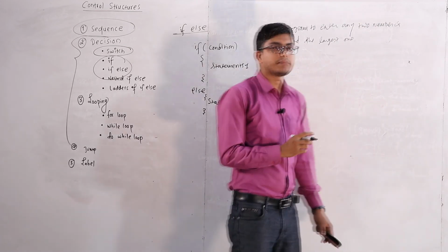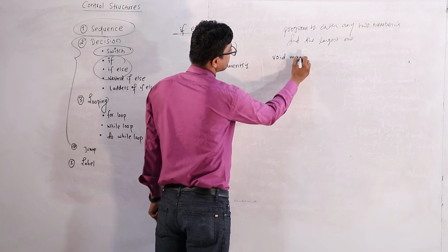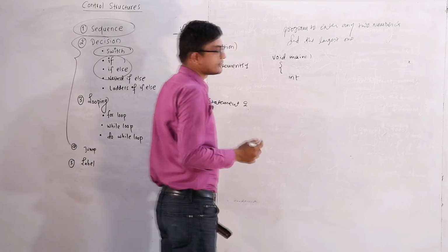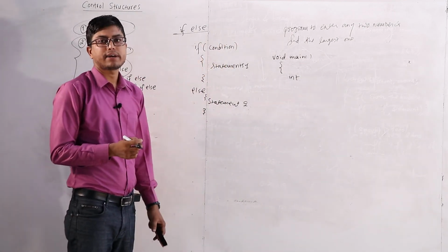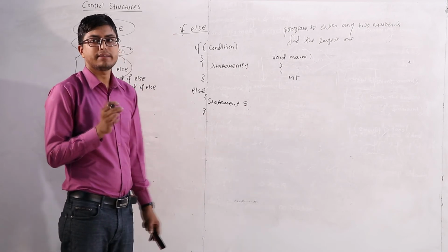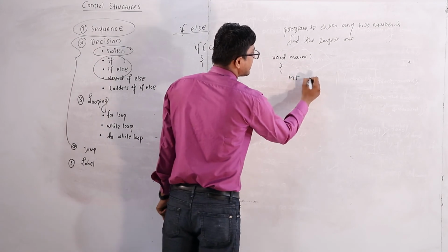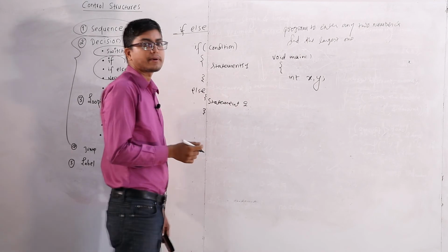You have to enter two numbers and find the largest one. Always remember while writing a program, you have to identify or declare the variables, how many variables are required. So two numbers means you have to declare two variables x and y. Other variables are not required.